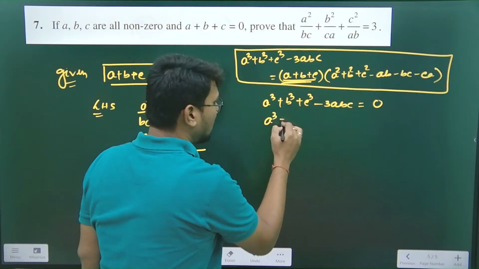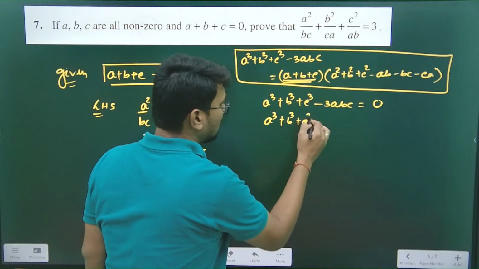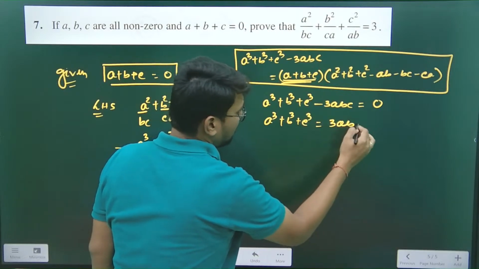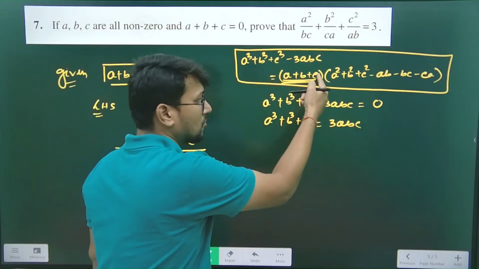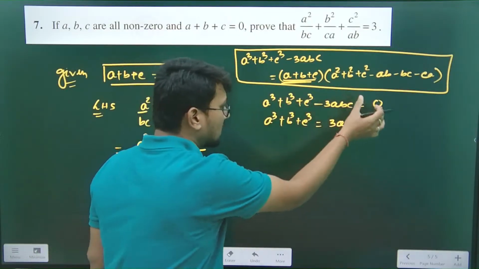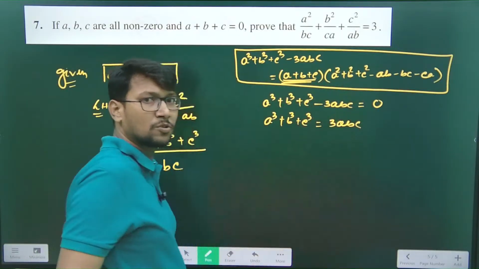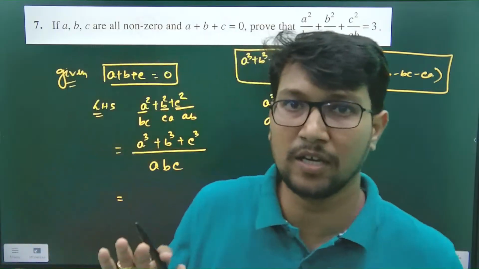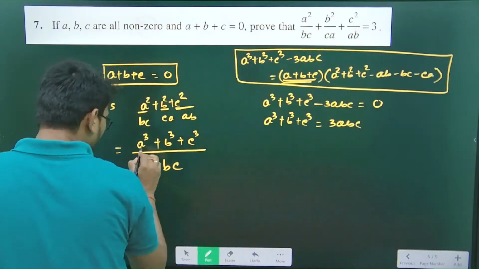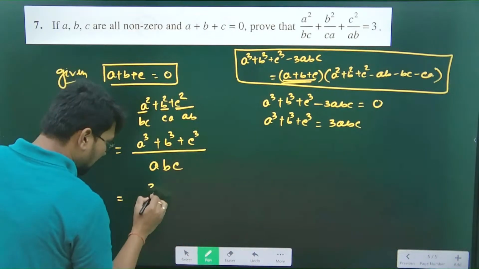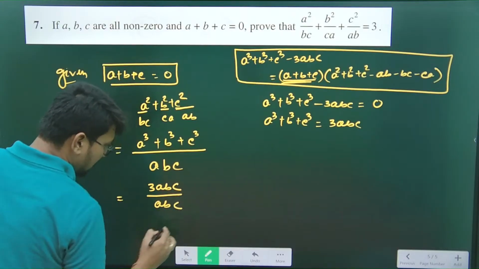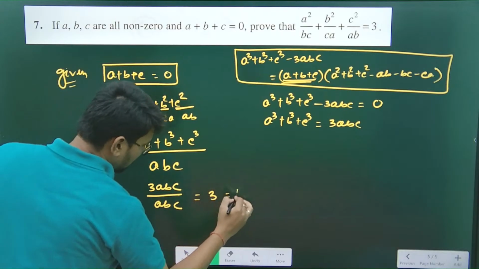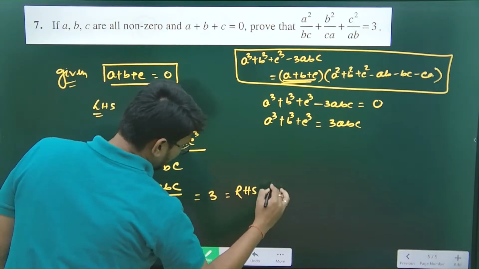Hence a³ plus b³ plus c³ equals 3abc. Are you clear? So in place of a³ plus b³ plus c³ we can write 3abc divided by abc, which equals 3, equal to the RHS. Hence proved.